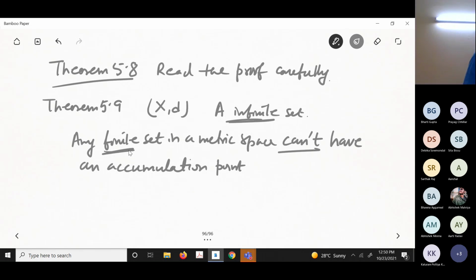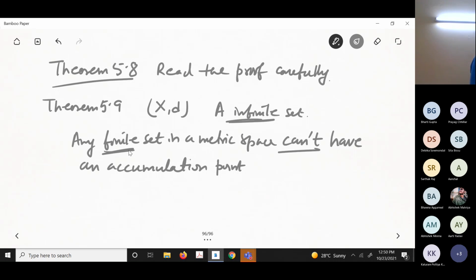That I have assumed. Suppose it has an accumulation point, then every sequence in A has a subsequence converging to a point in A. Well, these two I am leaving.